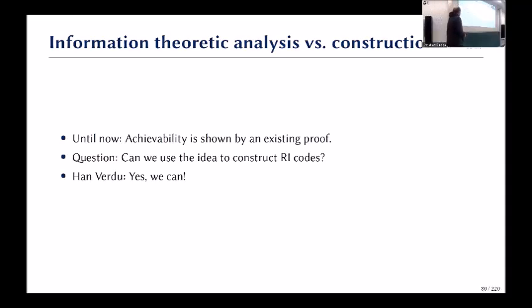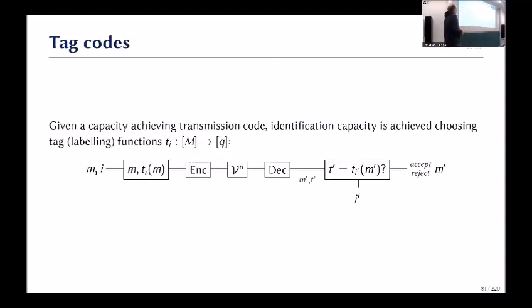And also here, Han and Verdú asked themselves, is there an idea to construct such codes? In principle, what we have to do is construct these T_i's, which I showed you, which is the main idea for the construction proof. And let's see if that's really possible. What is the idea? The idea is, of course, we now construct such functions.